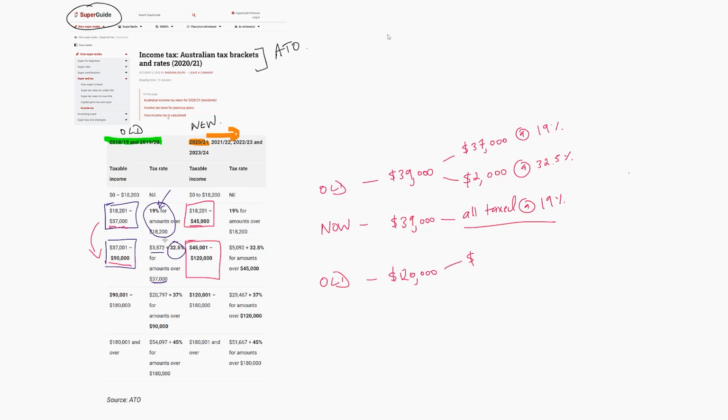That means that 90,000 would have been taxed at 32.5%, and then that extra 30,000 would have actually gone here to the 37%. So that's how it would have broken down. But now, if I earn 120,000, it's all at 32.5%. So I will save money here.